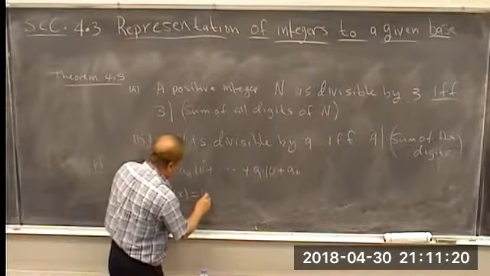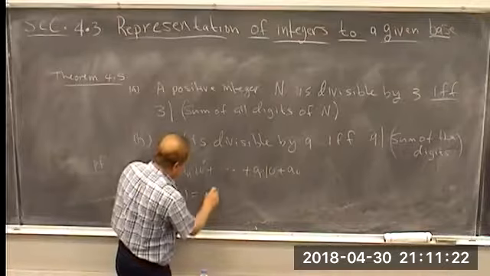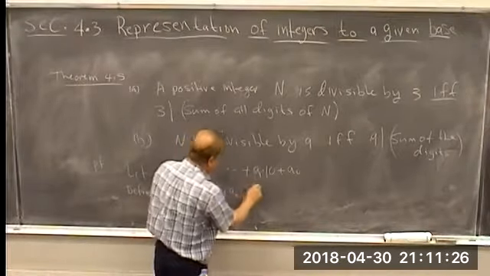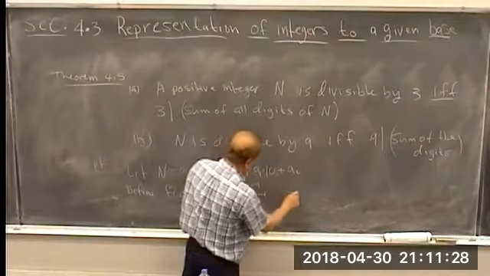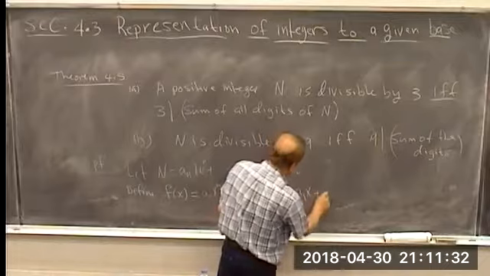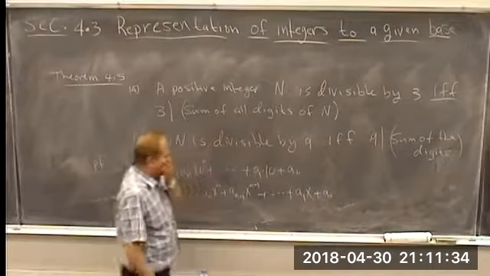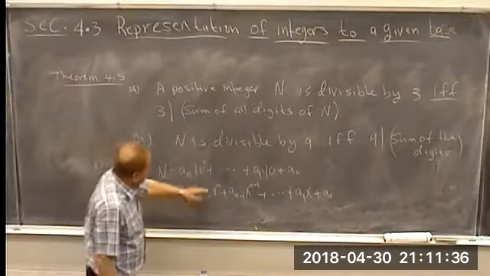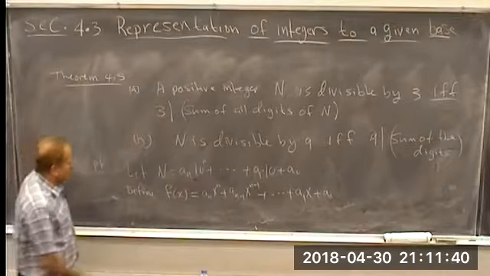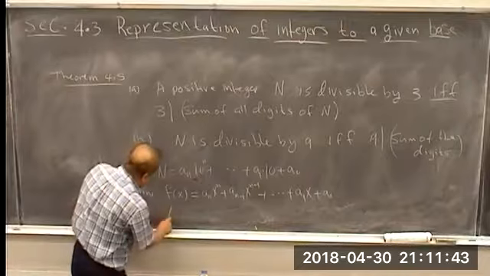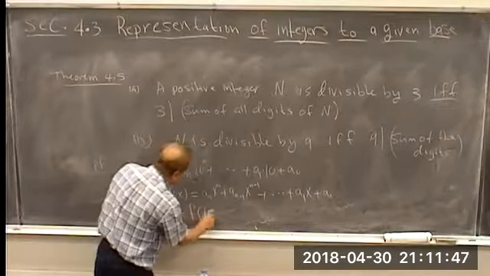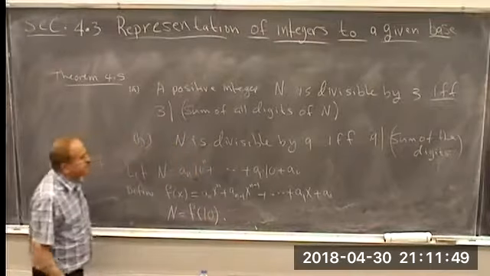So this is a_n x^n plus a_(n-1) x^(n-1), and so on, plus a sub 0, where all the a's are the same, so these are actually integers. Now n is really nothing but the value of this function at 10.